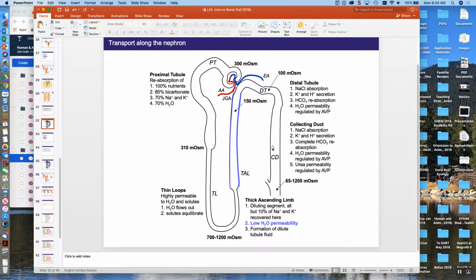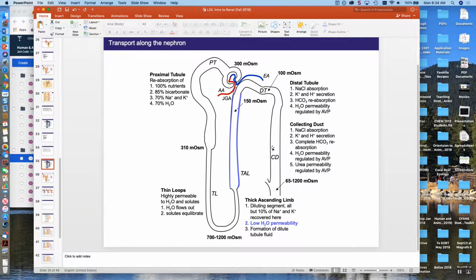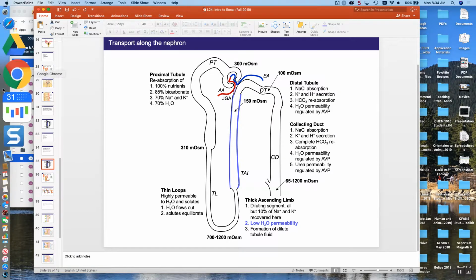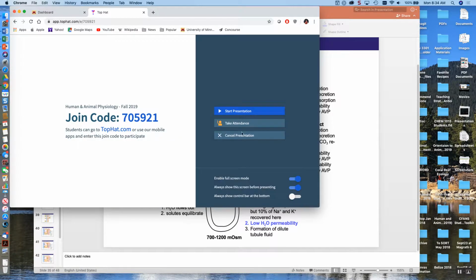All right, so we are going to start with the Top Hat questions now, a couple of brain teasers. I'll start off pretty easy. Let's go with this one first.